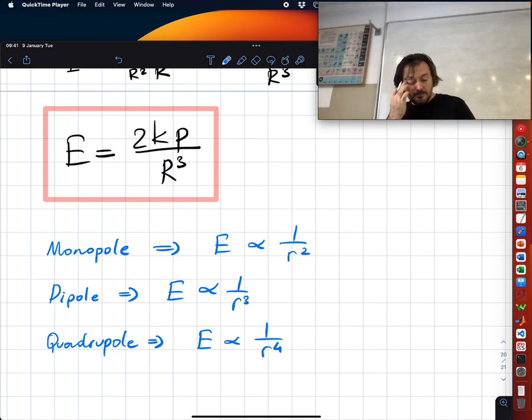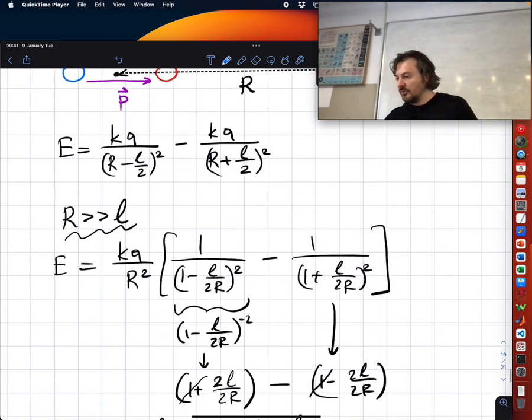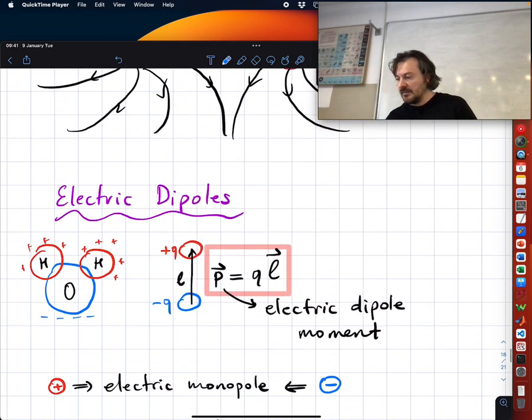Should we know the approximation? Let me just tell you what you should know, and the rest you shouldn't. The rest you should be able to derive if necessary. But what you should know is that the dipole moment is Q times L, and you should know that it is defined for this particular system.